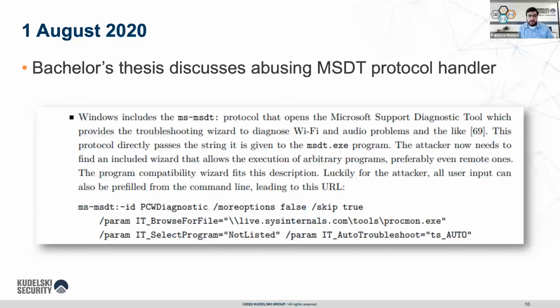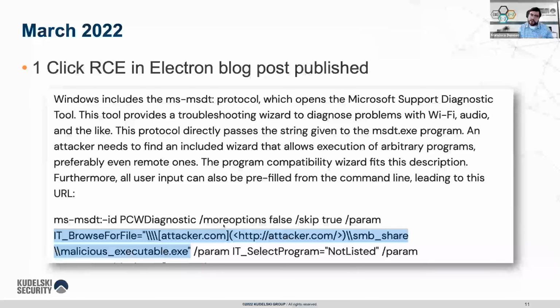And what you see here is that the student is actually mentioning, hey, by the way, you can kind of abuse this to load a program from a remote URL. And this is what kind of kicked things off. Originally published in August of 2020, we then see some additional interest from attackers around March of this year.